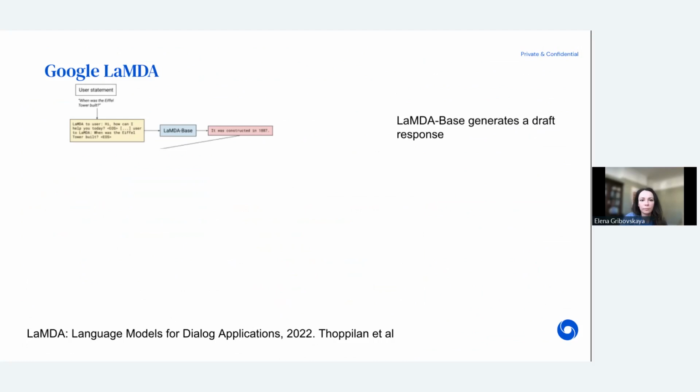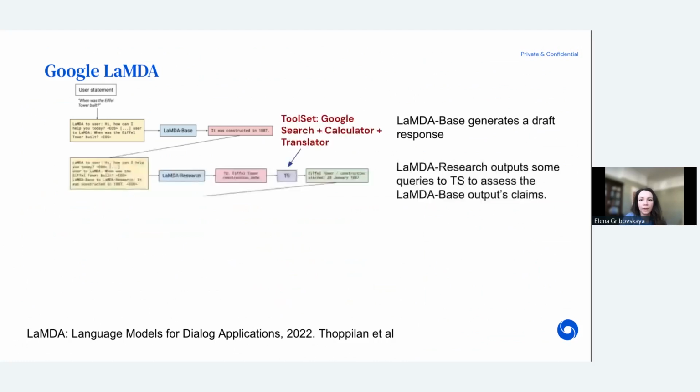Then at the next step, another flavor, LaMDA research, is trained to generate queries to a toolset. The toolset in this case consists of Google Search, a calculator, and a translator. It then extracts information from Google Search.